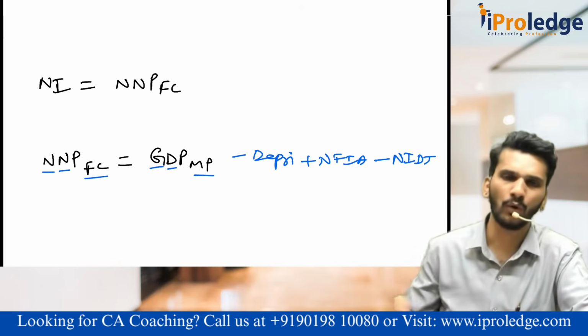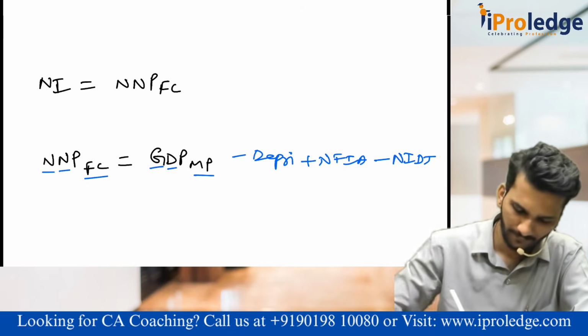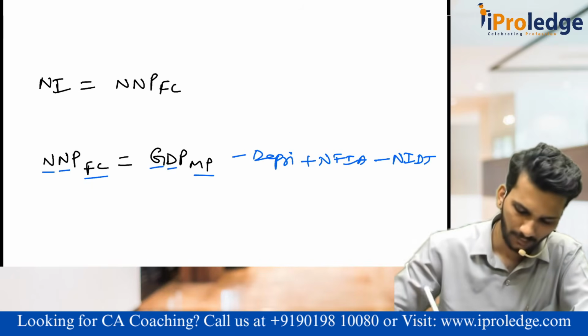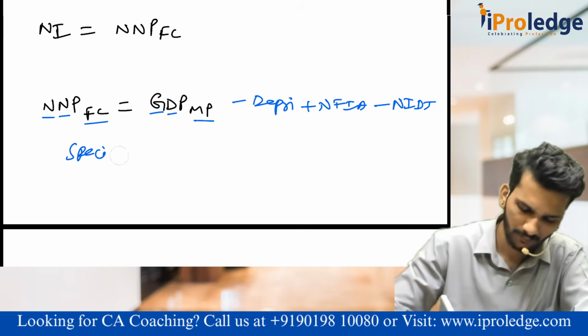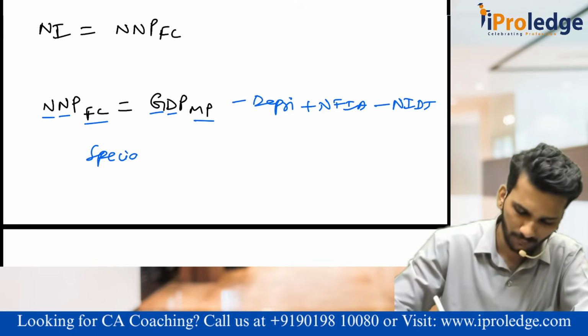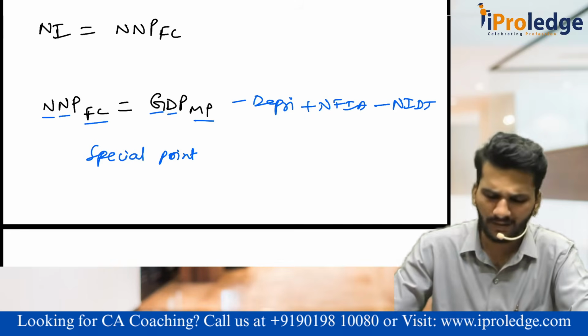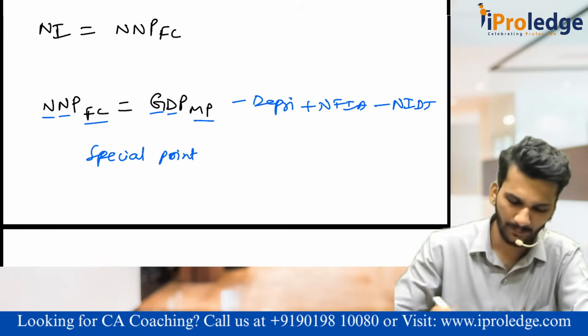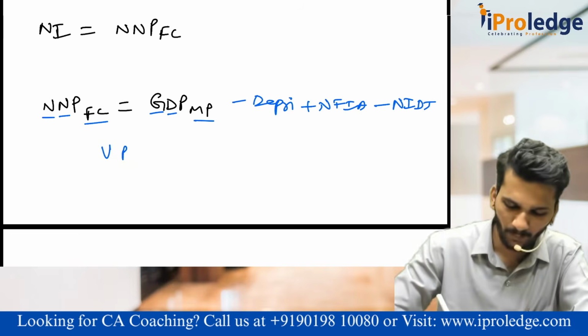National income can be found out under the production method. Can I say, instead of special points, because my name is Veeraj P, can we do it as VP points?